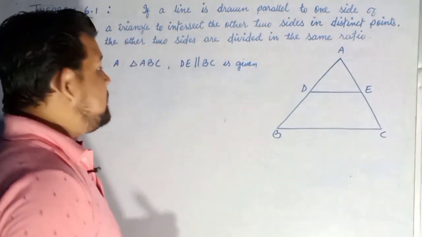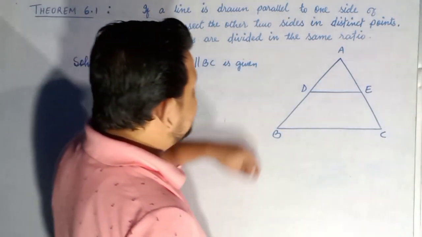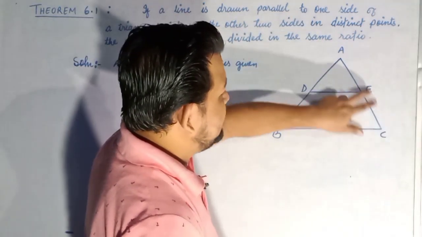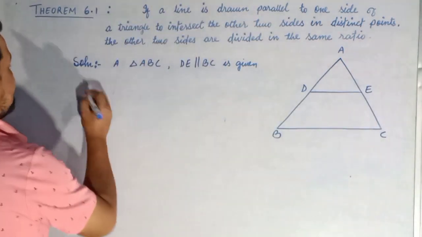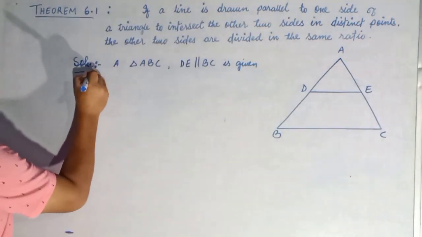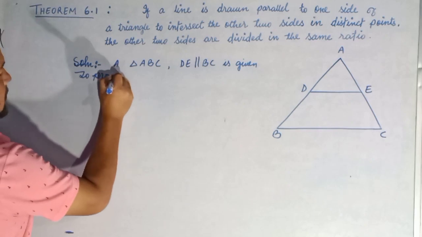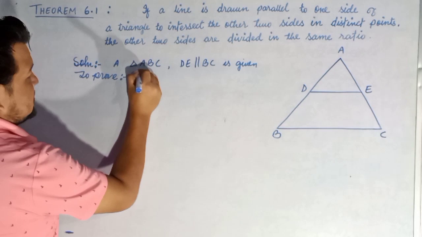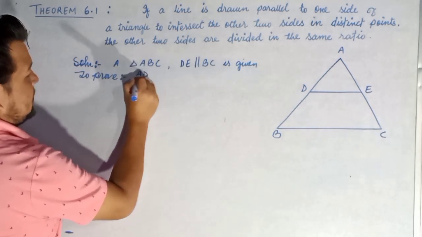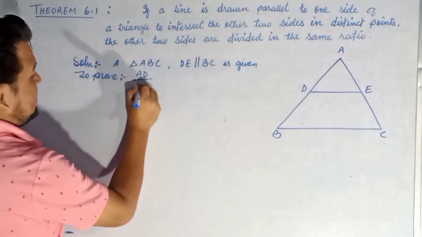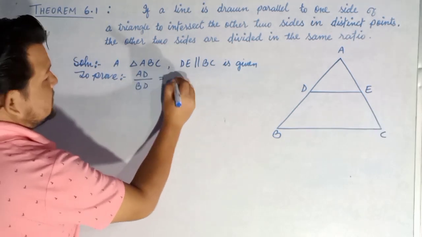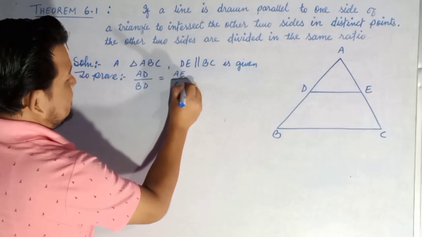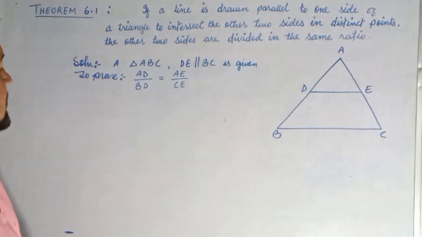Now whatever the question is telling us is, you have to prove that AD by BD is equal to AE by EC. So let us write, to prove: AD by BD is equal to AE by CE. We have to prove this.